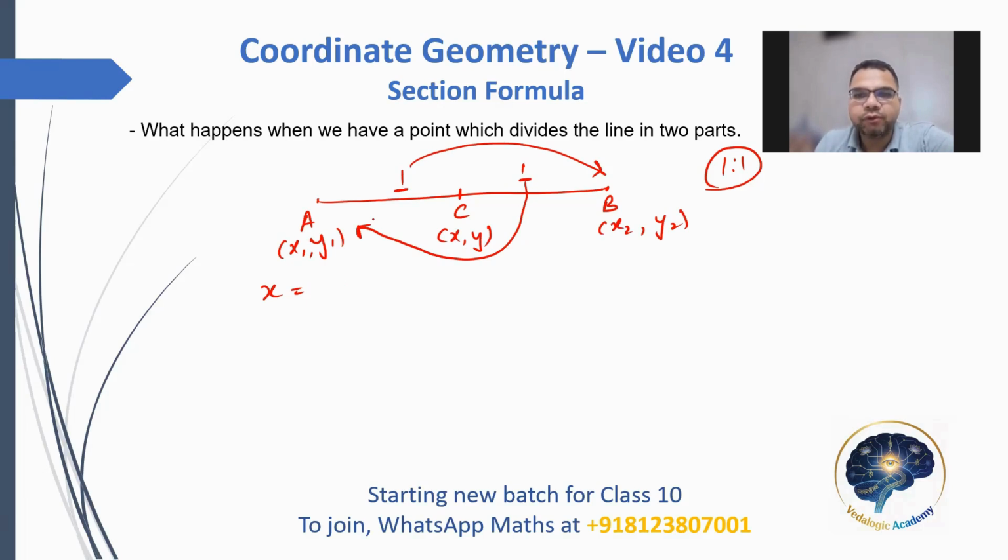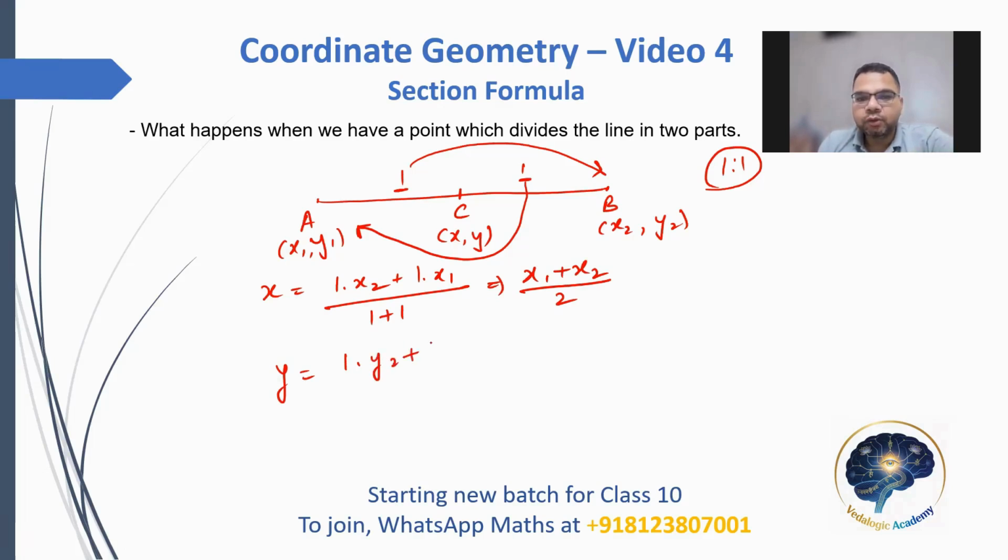So it becomes 1 into x2 plus 1 into x1 upon 1 plus 1, so it becomes x1 plus x2 upon 2. Similarly for y, it will become 1 into y2 plus 1 into y1 upon 1 plus 1, so it becomes y1 plus y2 upon 2.